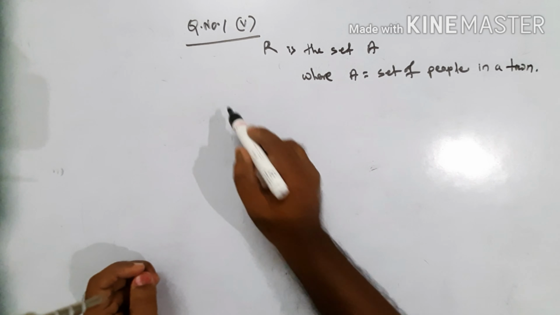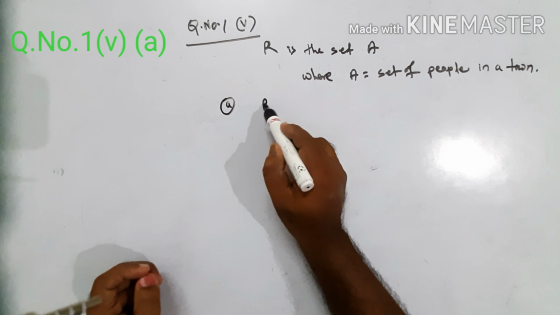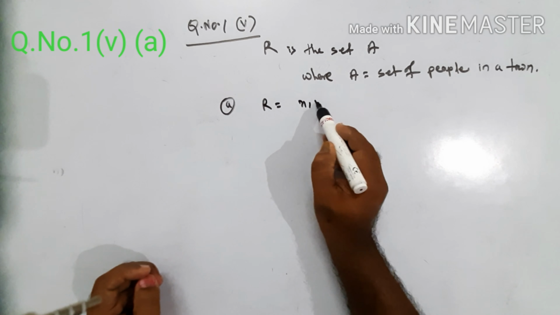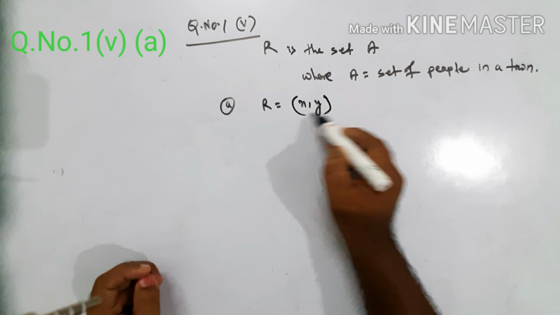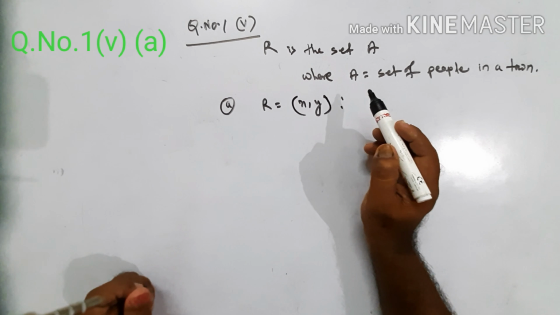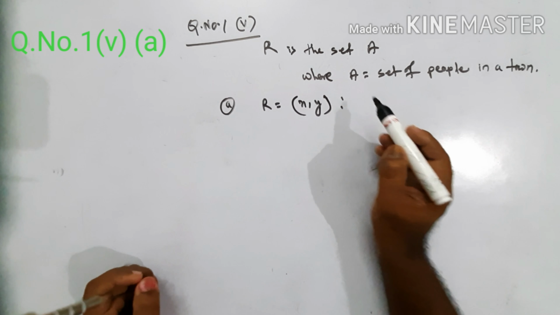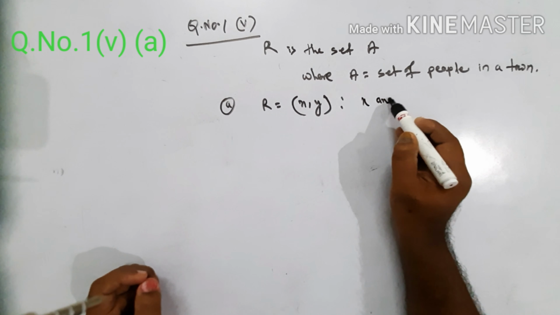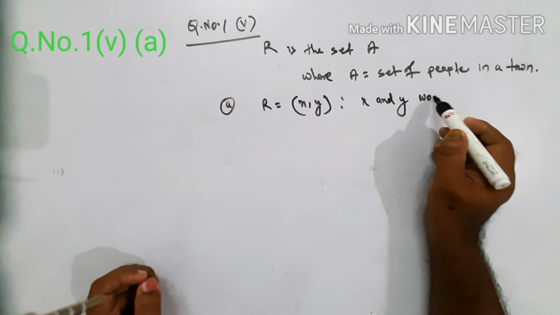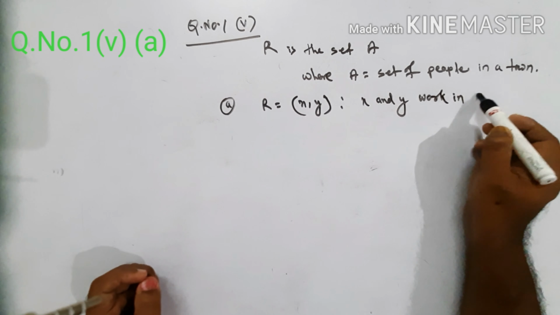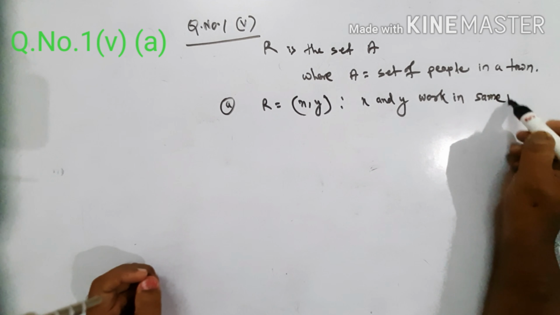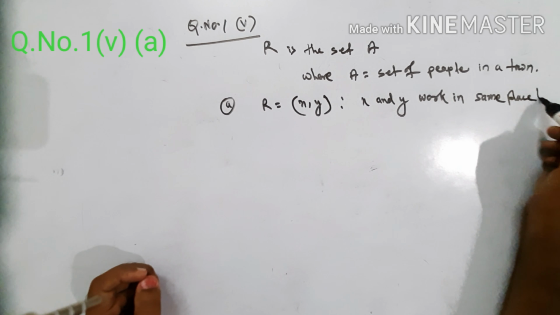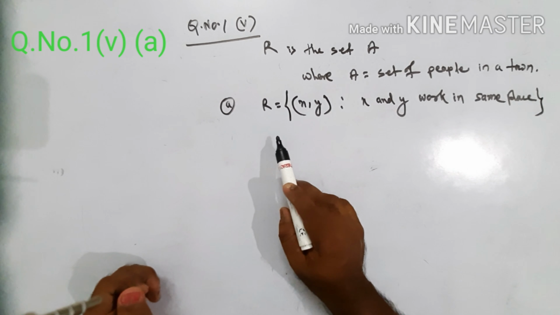You have to show that R is a relation, that is, the ordered pair (x, y) such that x and y work in the same place. Then you say x and y.